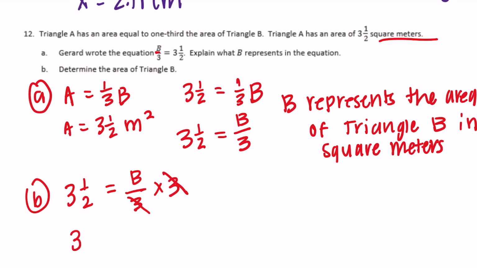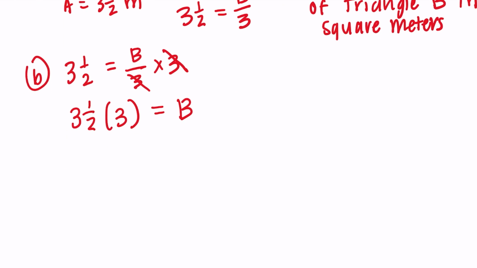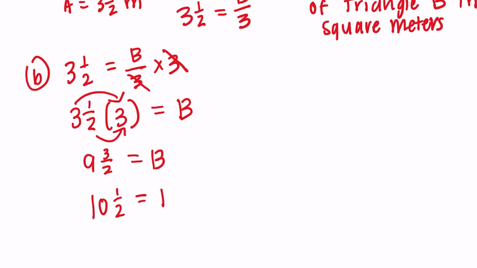But then we need to do 3.5 times 3 is equal to B. So 3.5 times 3, well, 3 times 3 is 9, and 1/2 times 3 is equal to 3/2. So if we add that together, that's equal to 10.5, which is equal to B, or 10.5 meters squared is the area of triangle B.